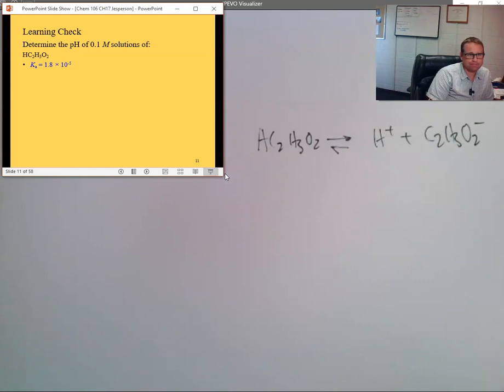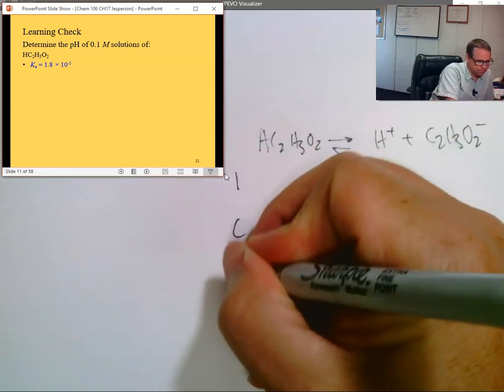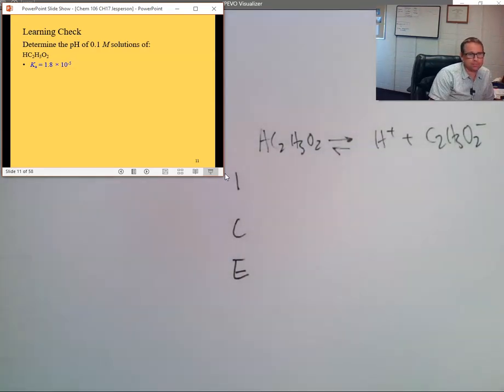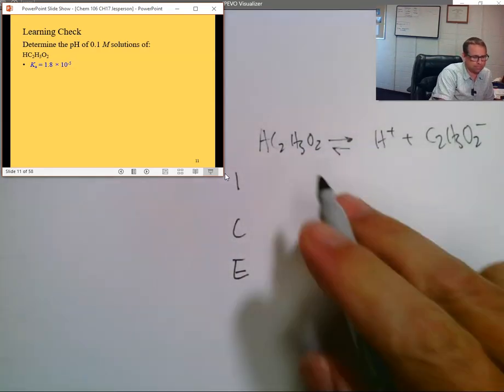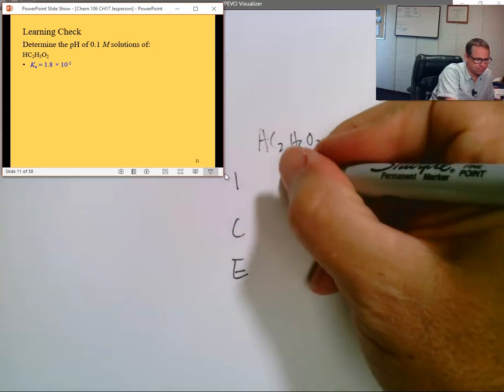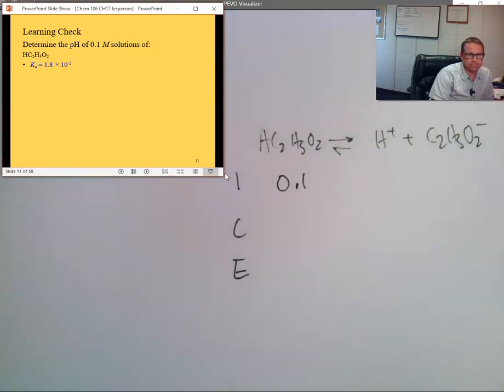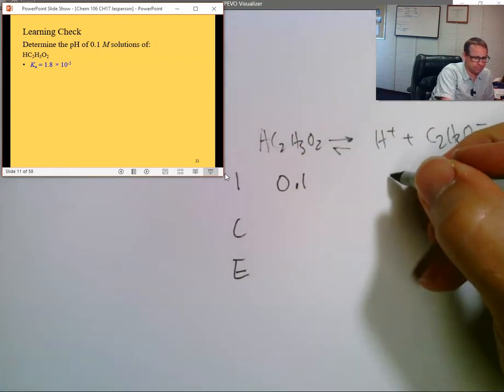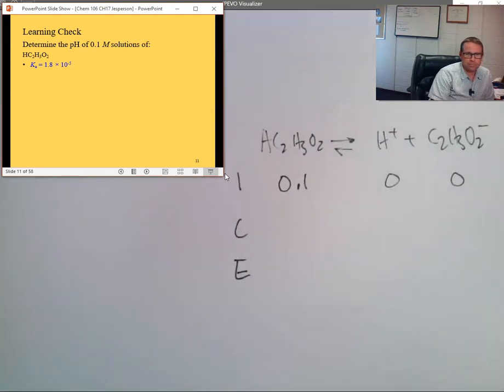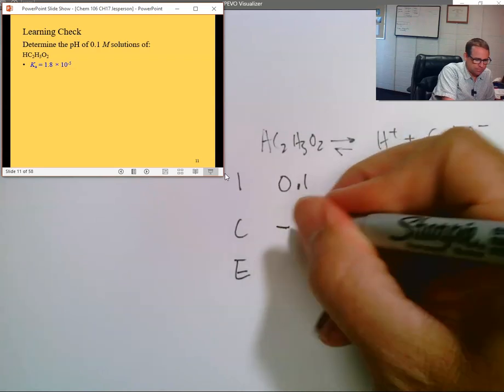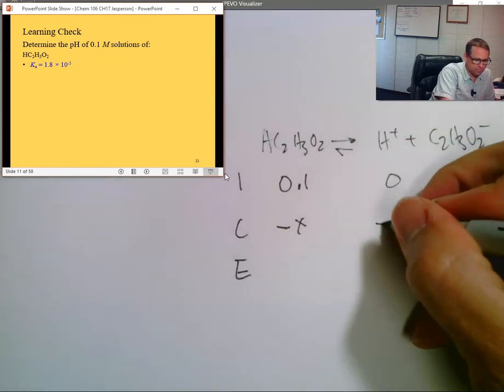Great. We can use our ice table, which the I for the HC2H3O2 will be 0.1, and then the other two will be 0, and then the C for the first will be minus X, and then the other two will be plus.